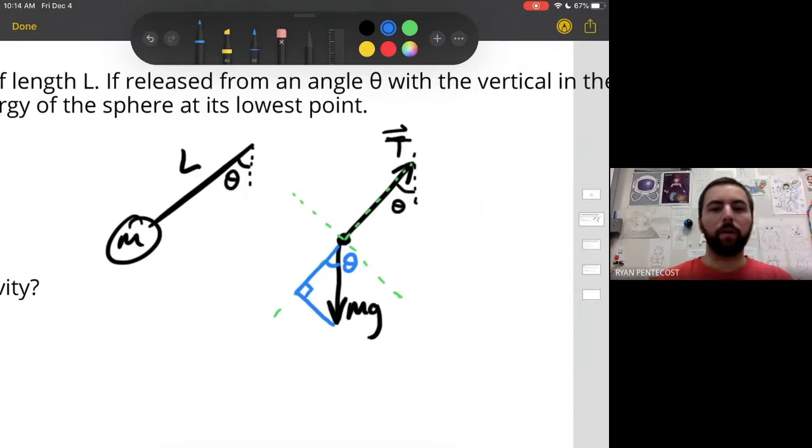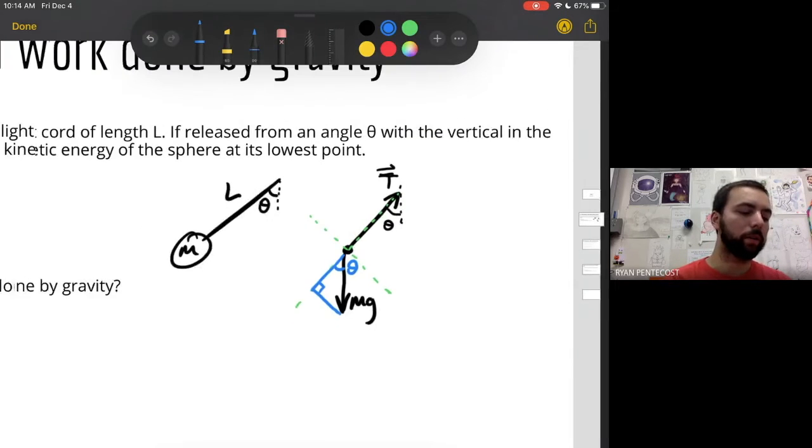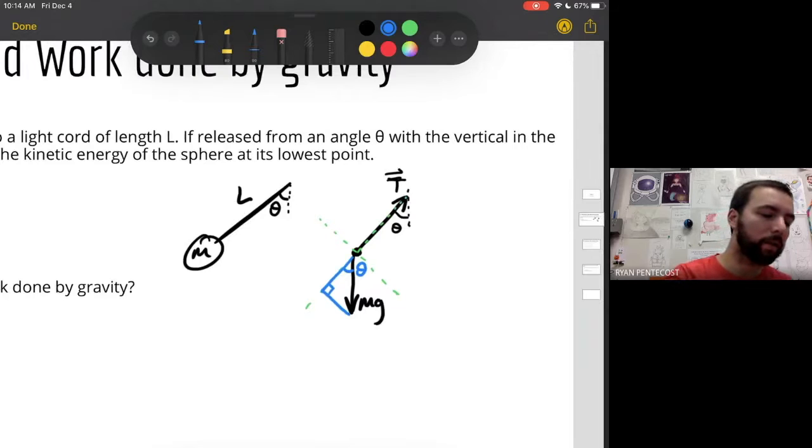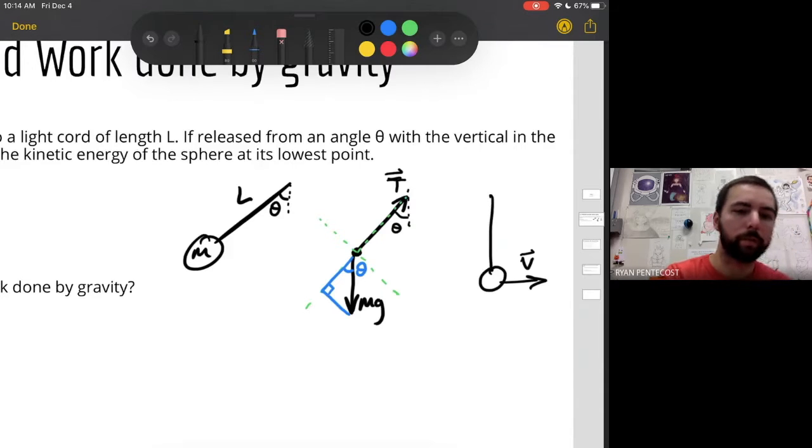So our velocity at the bottom is going to be going purely in the tangent direction. What we want to do is analyze the two forces that have to do with its motion, and we're going to incorporate the theta in the image.